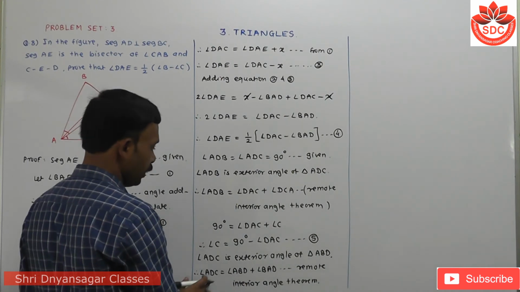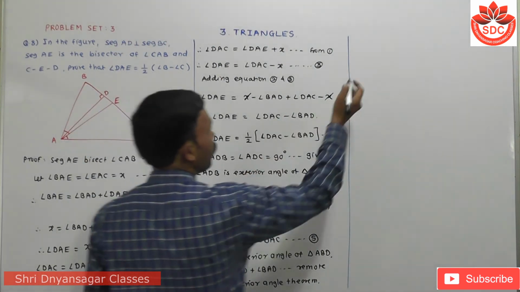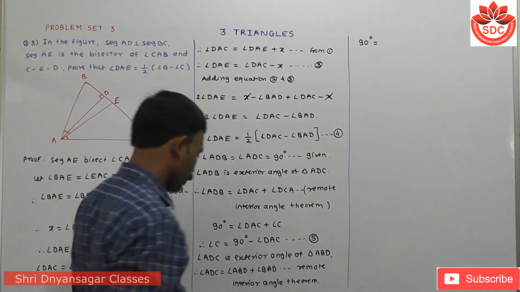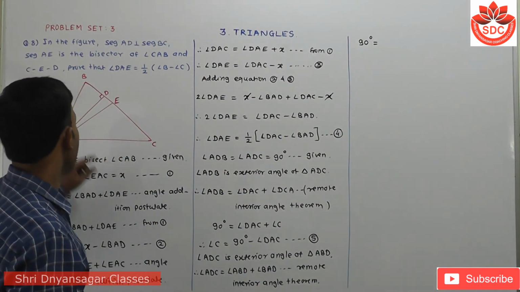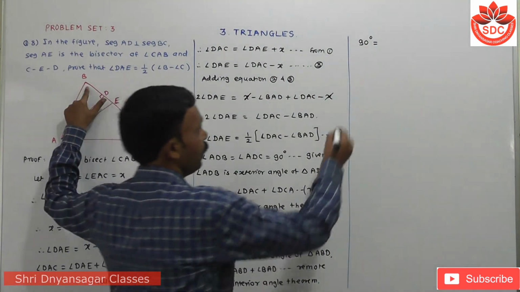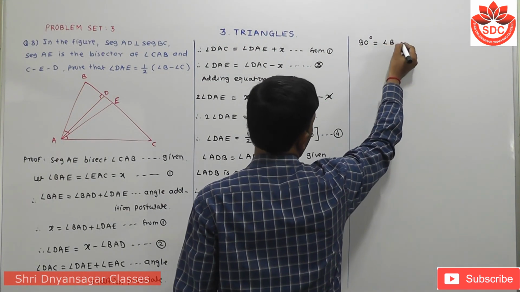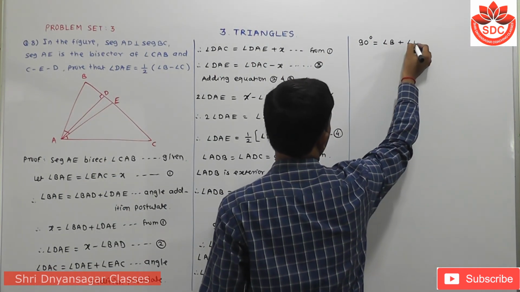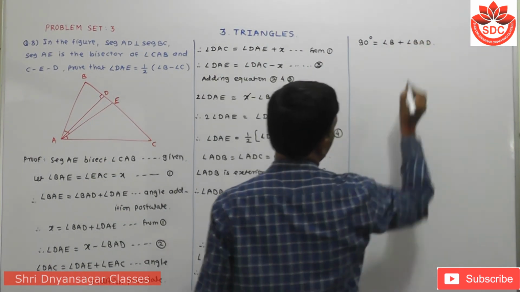Then angle ADC is equals to 90 degree. So I have to substitute here 90 degree is equals to angle ABD as angle B plus angle BAD.